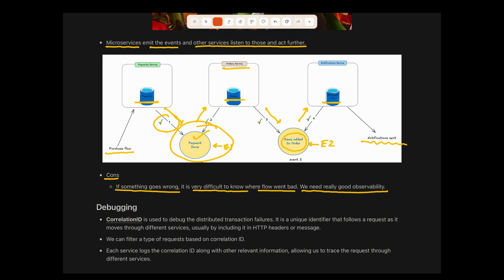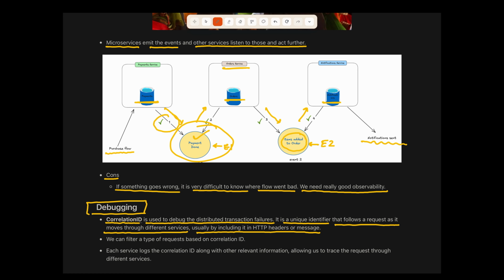So how do we debug? Debugging in distributed services is done using a correlation ID. A correlation ID is used to debug distributed transaction failures. It is a unique identifier that follows a request as it moves through the different services, usually by including it in the HTTP headers or message.